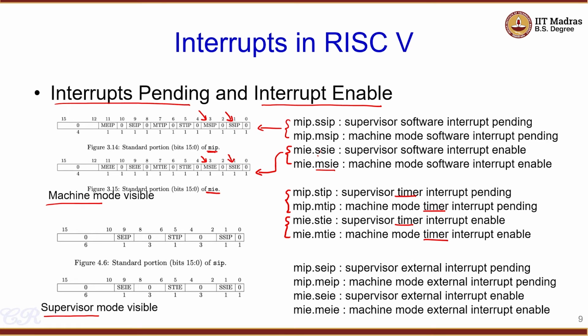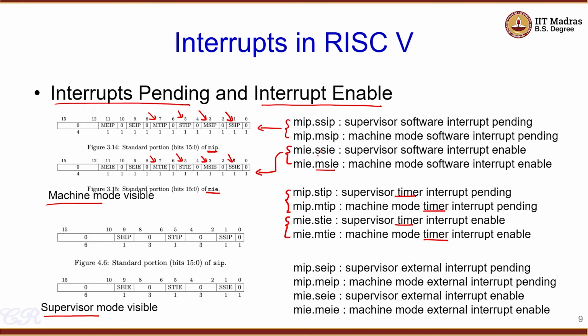So, we can essentially enable timer interrupts in machine mode or disable them. In supervisor mode, we can enable or disable timer interrupts and identify whether a timer interrupt is pending. So, STIP is this, MTIP is here, and the corresponding interrupt enable bits are here as well.